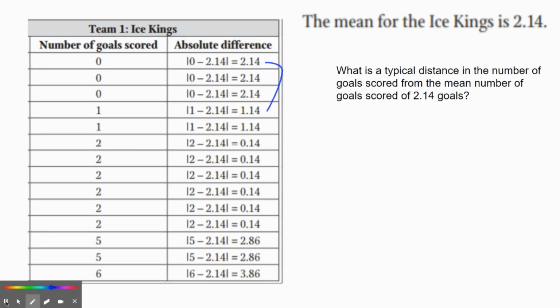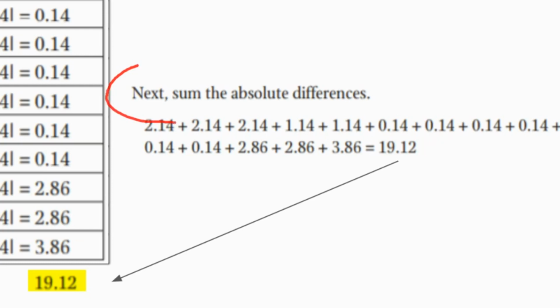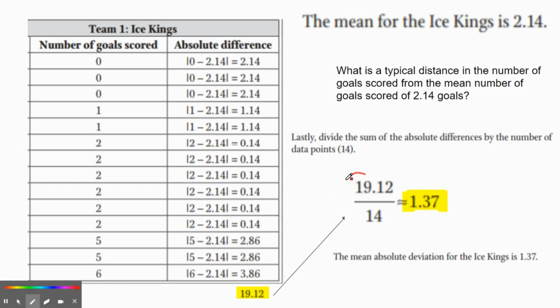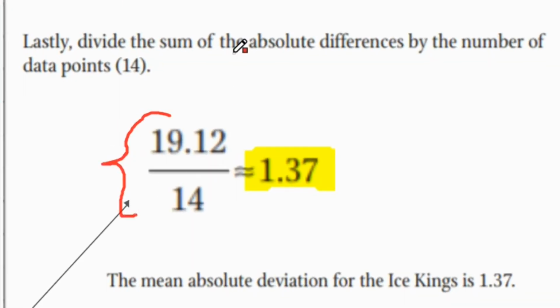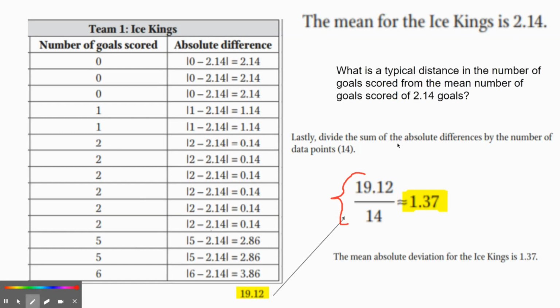You do this with every single value. Next, you want to add up all the differences. And finally, you want to divide by the number of data points in your set. And we had 14 different games that we had here, until you get to your final answer, which is 1.37.